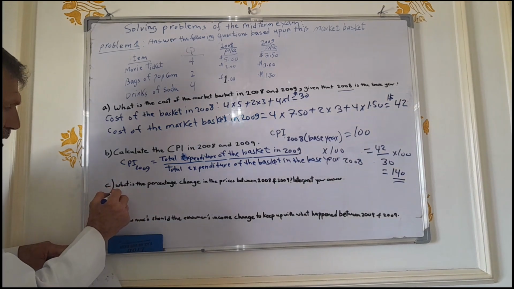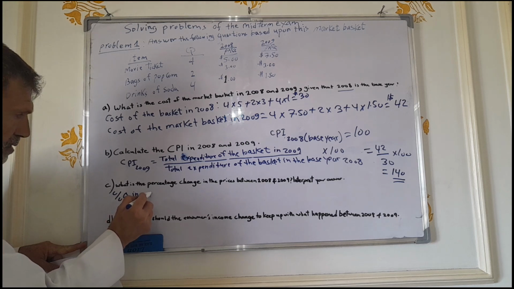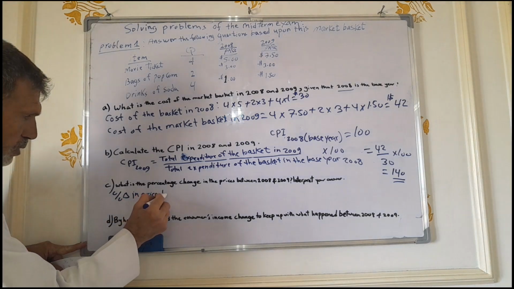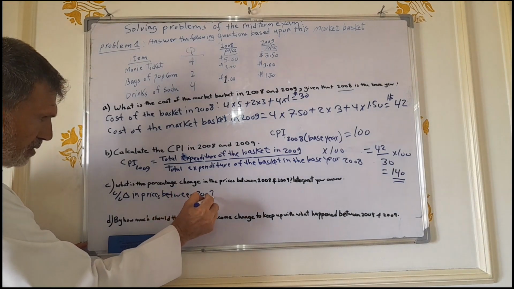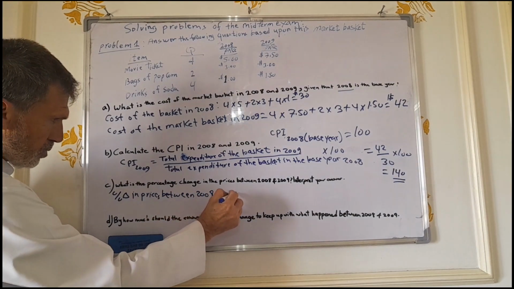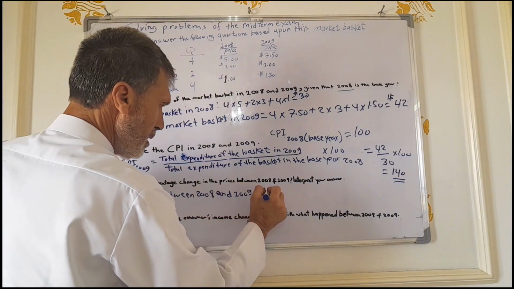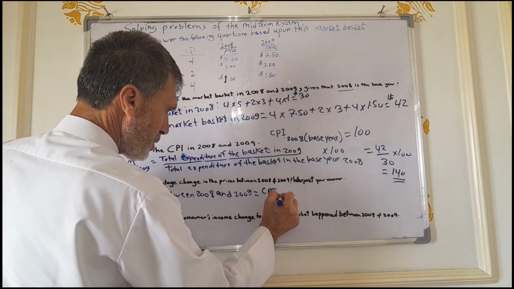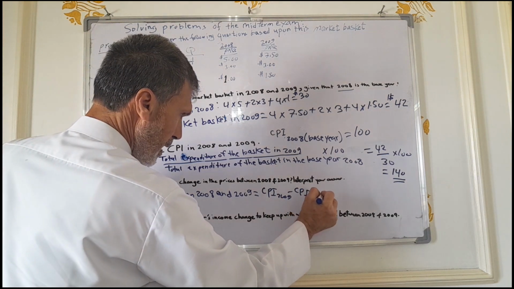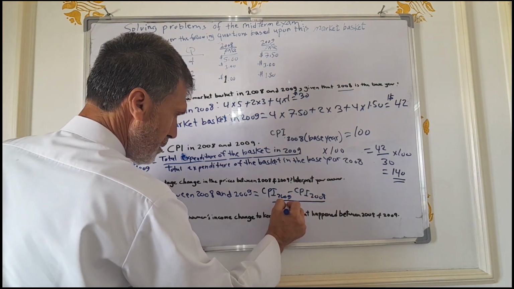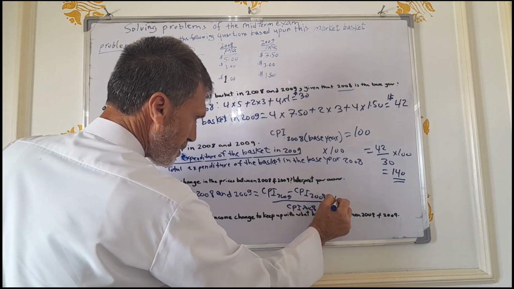Here we're talking about the change in the prices between 2009 and 2008. So we can say the percentage change in prices between 2008 and 2009 is equal to CPI 2009 minus CPI 2008, over CPI 2008, times 100.